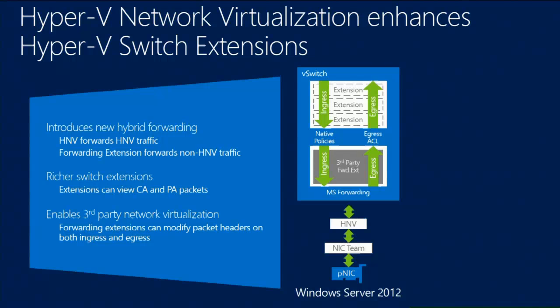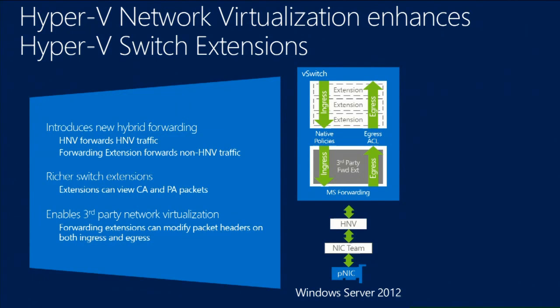And similarly, when a packet was coming in, HNV would decapsulate the packet, and only the customer addresses would make their way up into the switch. So the extensions in the 2012 time frame were not able to see the provider address space, and they had a desire to see it so that they could do interesting things with it.